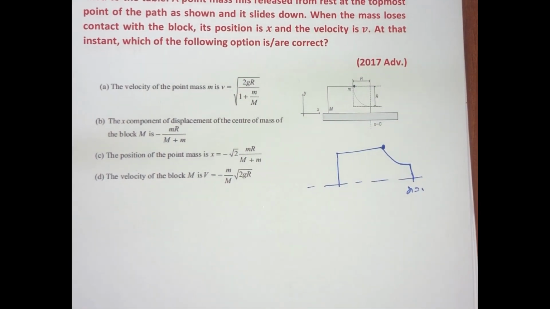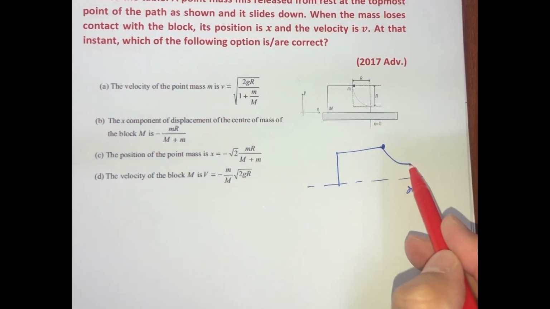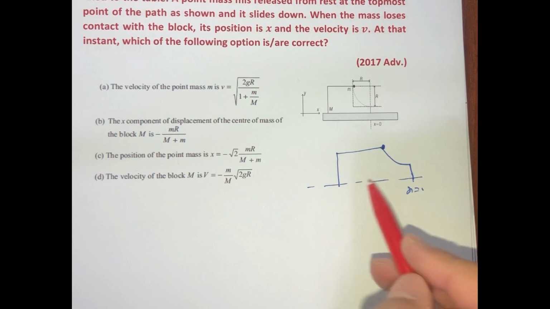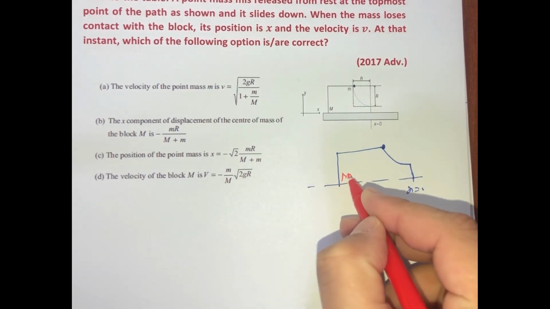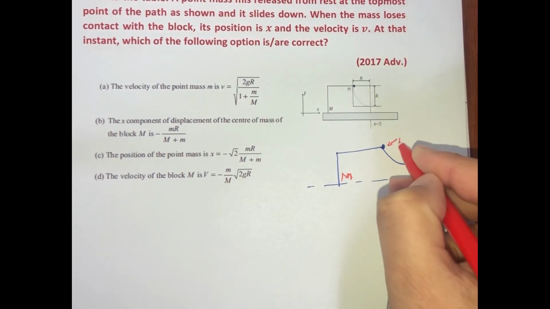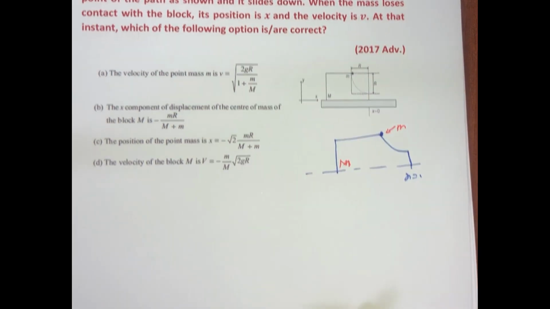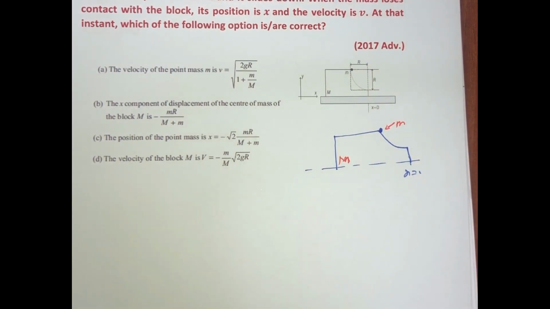And it says that when the ball reaches the bottom, this block, that is capital M, and this is small m, it has moved by a distance of x.